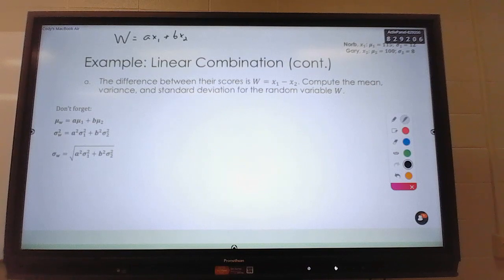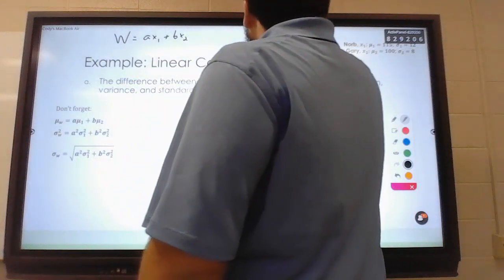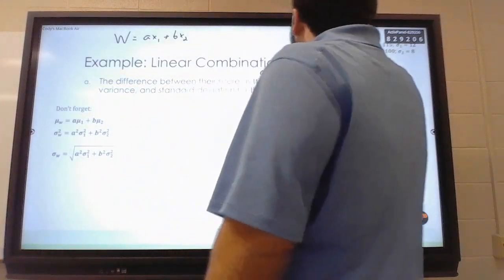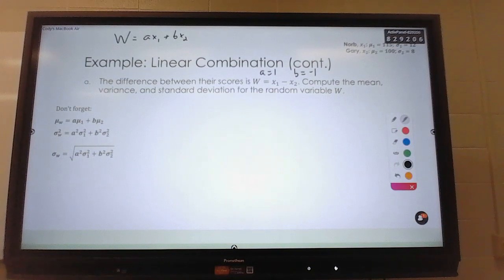If that is the case, then judging by this right here, it seems as though A is positive 1 and B is negative 1. Okay, so let's keep that in mind here.